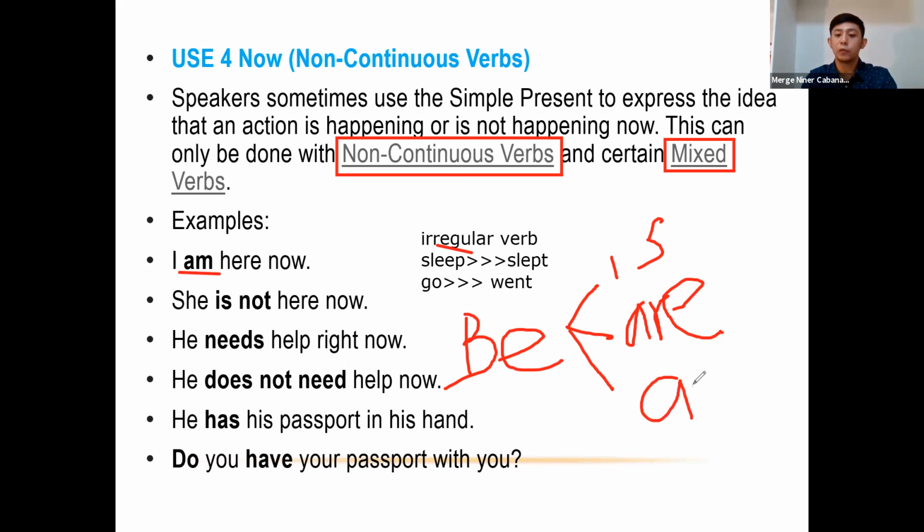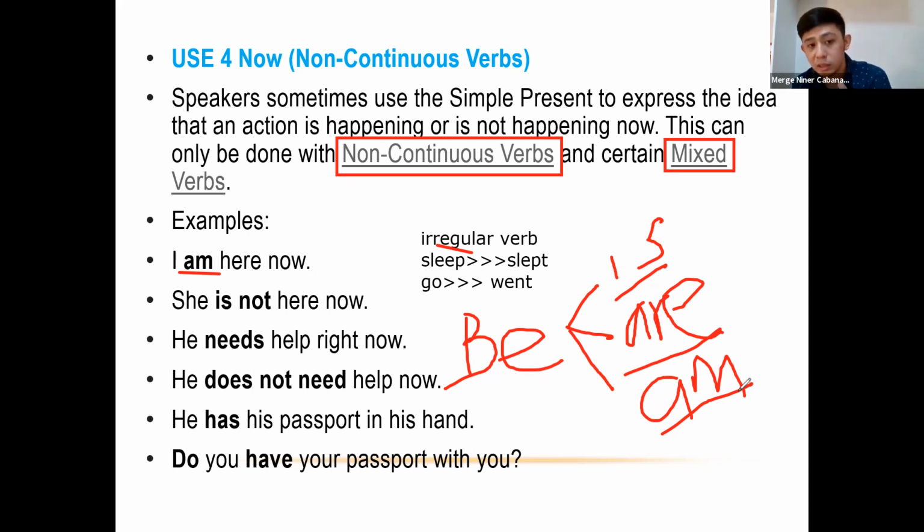Am is only used for the I pronoun. So you have your is, are, and am for your present. You have your was and were for your past. And then you have your modal plus the be, which is equivalent to the future.